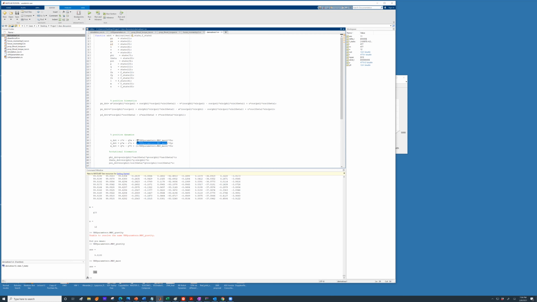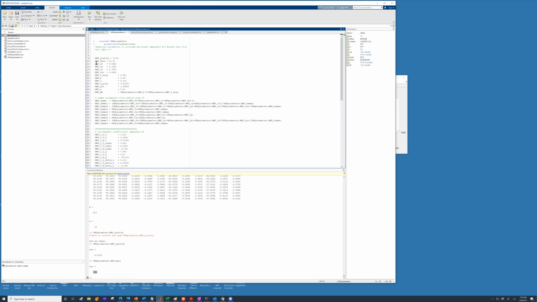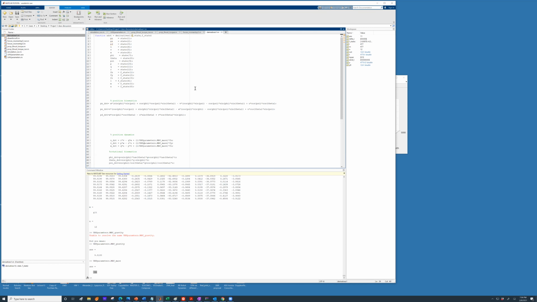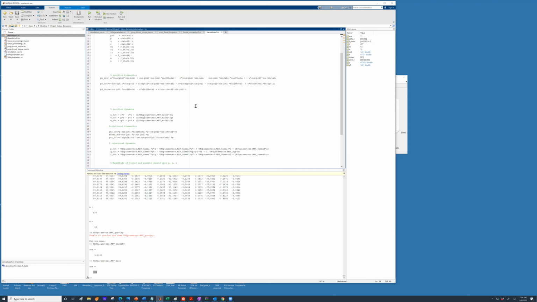Please note, in the last simulation, we just used MAV mass. Here I'm using UAV parameters dot MAV mass, which is defined over here. So derivatives1.m will directly grab values from UAV parameters and substitute them over here.